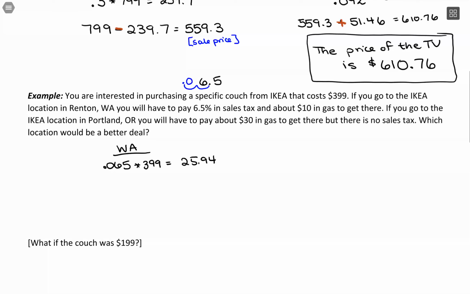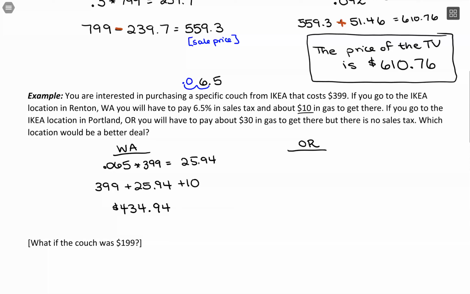So if we go to Renton, then what we'll have is $399 plus that $25.94 for tax. And then we also have our gas money of $10. So in total, if we buy this in Washington, we'll spend $434.94.